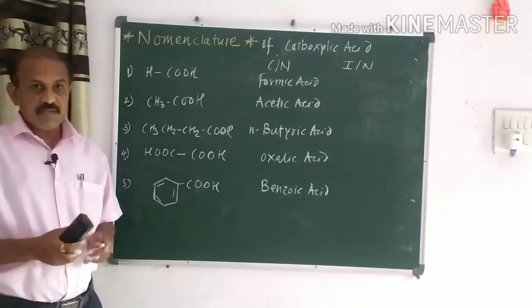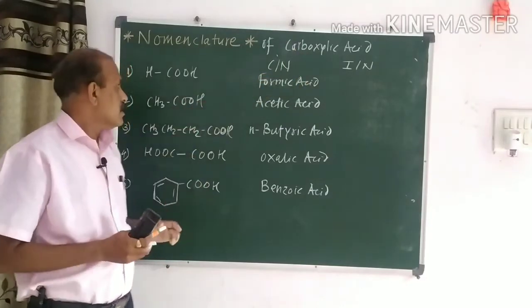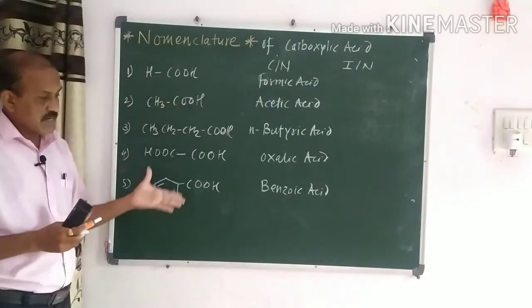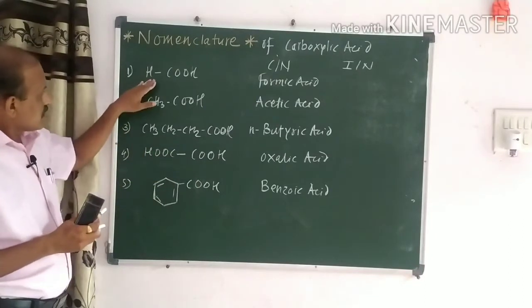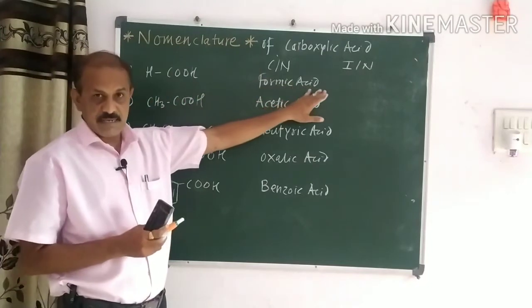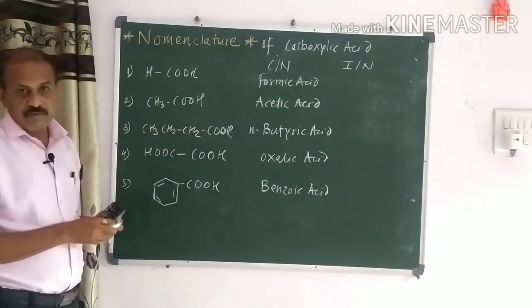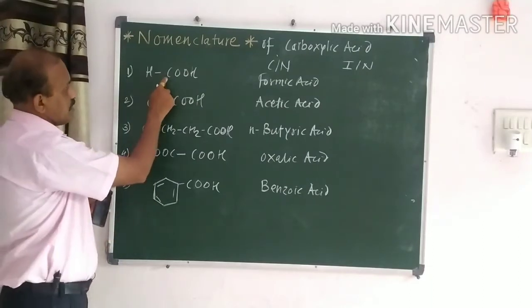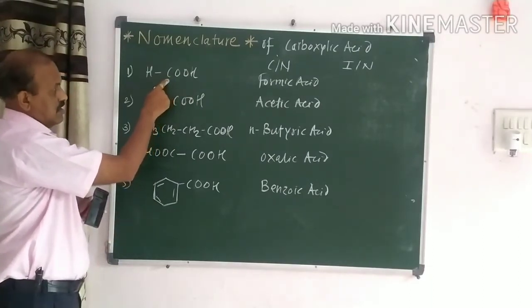Now we discuss the nomenclature of carboxylic acids. Here I have again taken 5 examples. The first structure we discuss is HCOOH. No doubt this is formic acid. While giving the IUPAC name to this, we first derive the corresponding alkane.